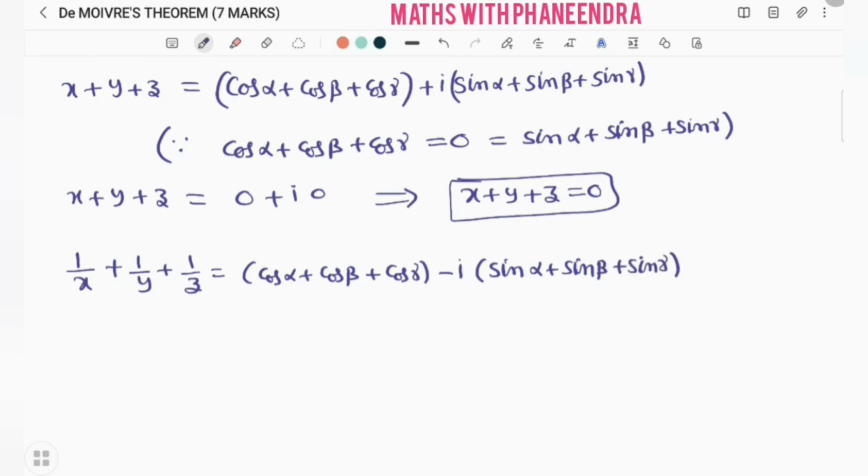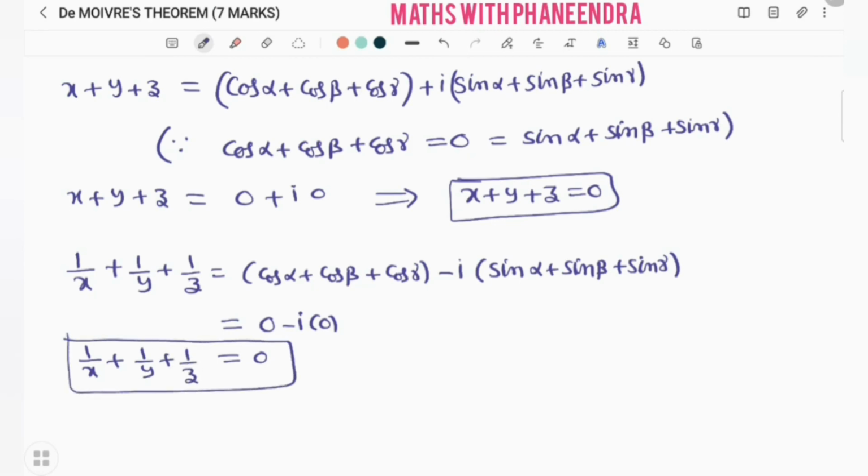Anyway, these values are 0, no? 0 minus i into 0. So it will become 0. 1 by x plus 1 by y plus 1 by z. So these both values are 0. Keep in mind, it will help in the coming steps.